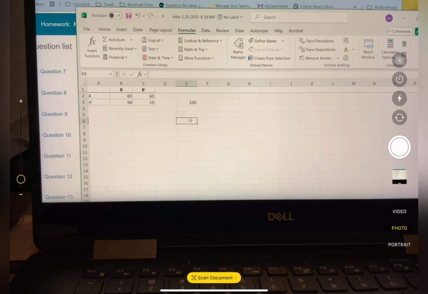Let's say I'm getting the sum of all these four, and that makes 240.